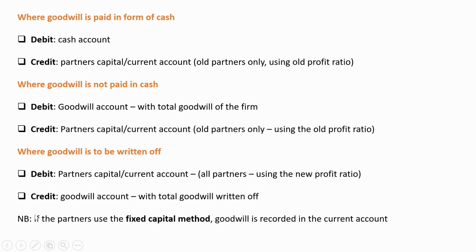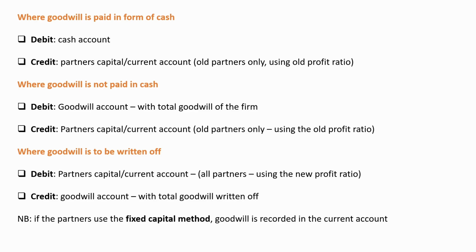One thing you're supposed to note is that if the partners use the fixed capital method, goodwill is recorded in the current account. As you can see, in each of these three scenarios, we are recording either to the capital account or the current account. So how do you know whether you are supposed to use the capital account or the current account?